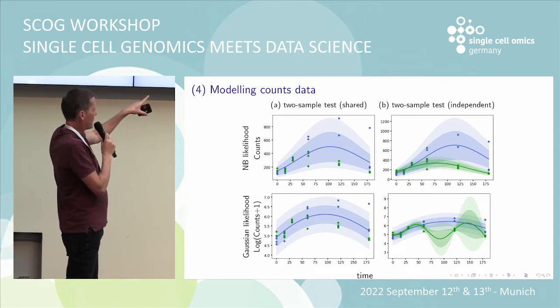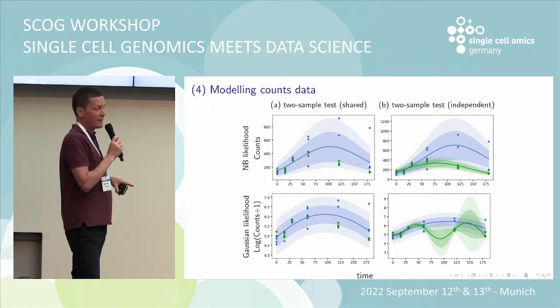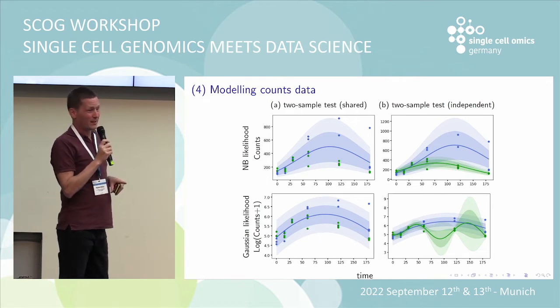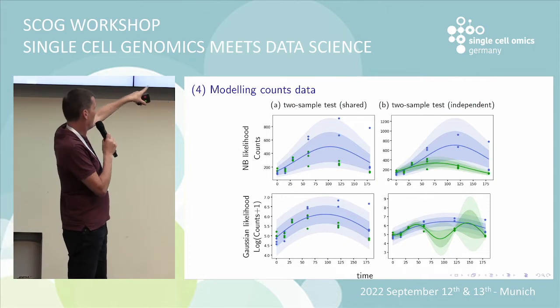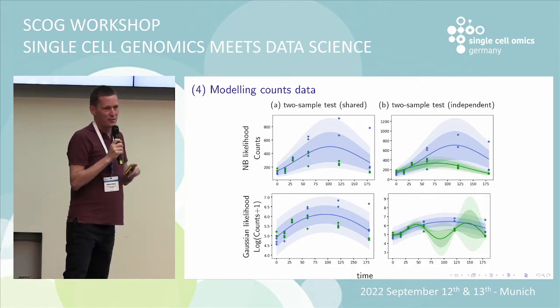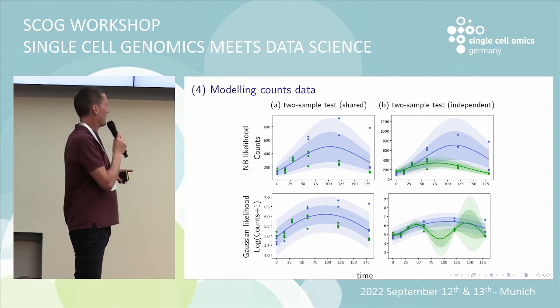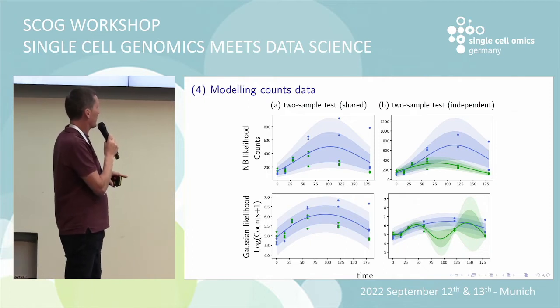And it means that the GP fitting the green points ends up being quite wiggly, and actually that penalizes it in terms of likelihood. So you get a lower likelihood score for the right-hand bottom panel than the left-hand bottom panel. And basically what happens is you do this test and it says the green and the blue are the same, or they're more likely to be from the same profile than different profiles.